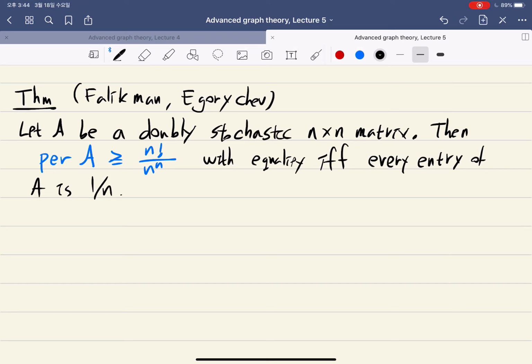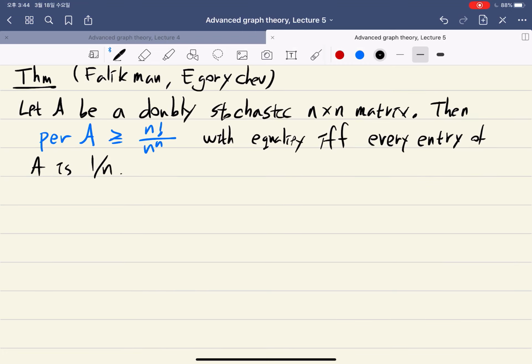So using this theorem, we can find a lower bound for the number of perfect matchings in a k-regular bipartite graph. More generally, a k-regular bipartite multigraph.